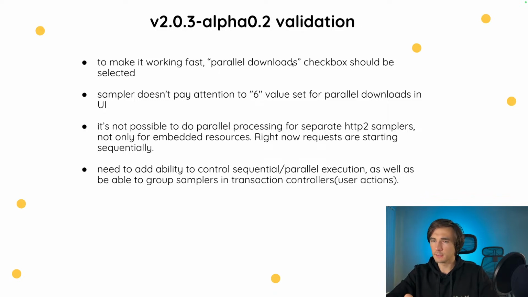But it's important that this value 6 that we have in parallel downloads, usually for HTTP1 we specify 6 threads or connections, which are usually allowed by HTTP1 to be created. So this value is ignored. HTTP2 will process it just in parallel.